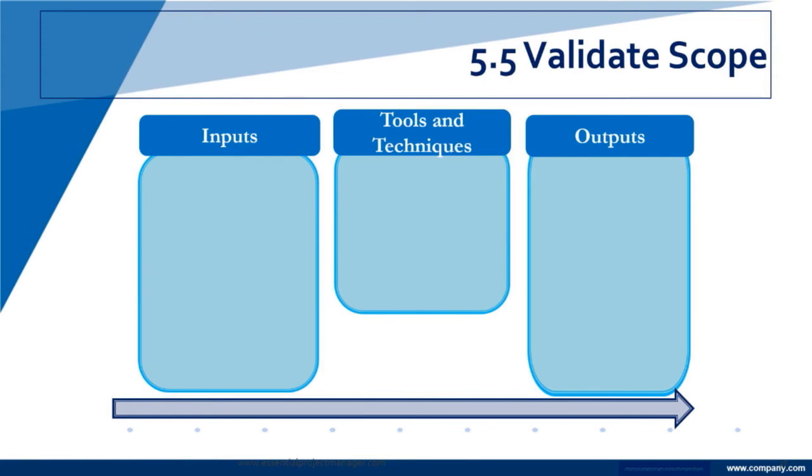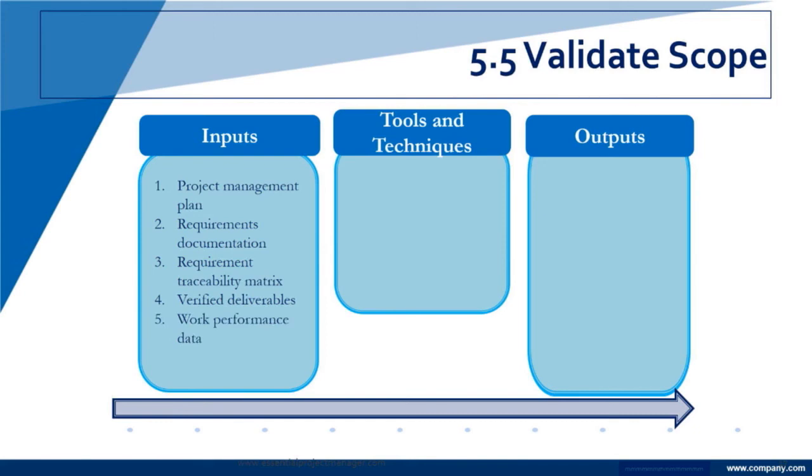So, validate scope. Here, inputs: project management plan, our requirements documentation, our requirements traceability matrix, verified deliverables, work performance data, and we use inspection. We're validating. We're going to look.